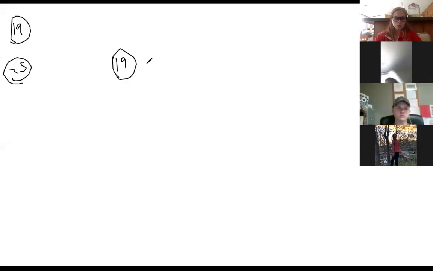What are we looking for in this cylinder? What does it tell us to find? The surface area. What is the surface area of a cylinder? What's the formula? S equals L plus 2B. There we go. All right, what is L?